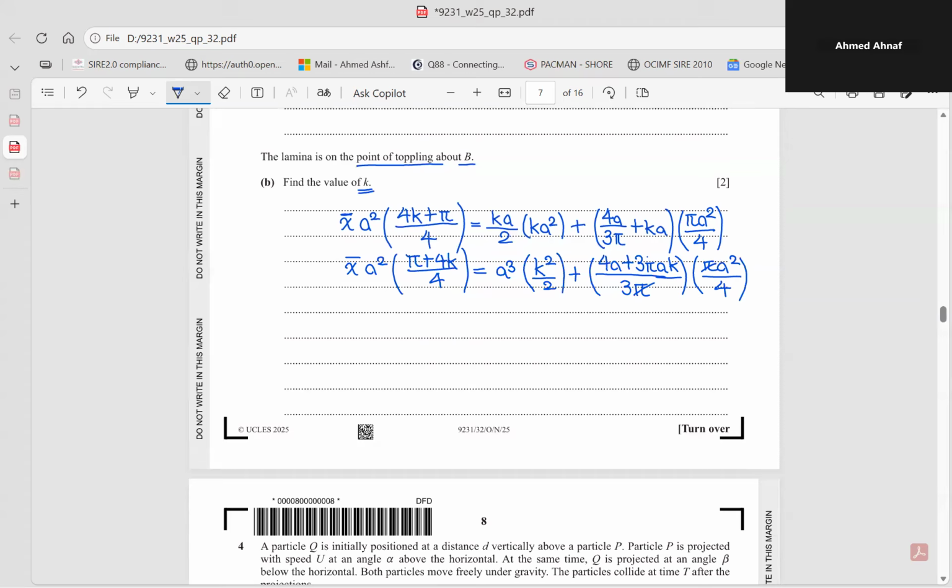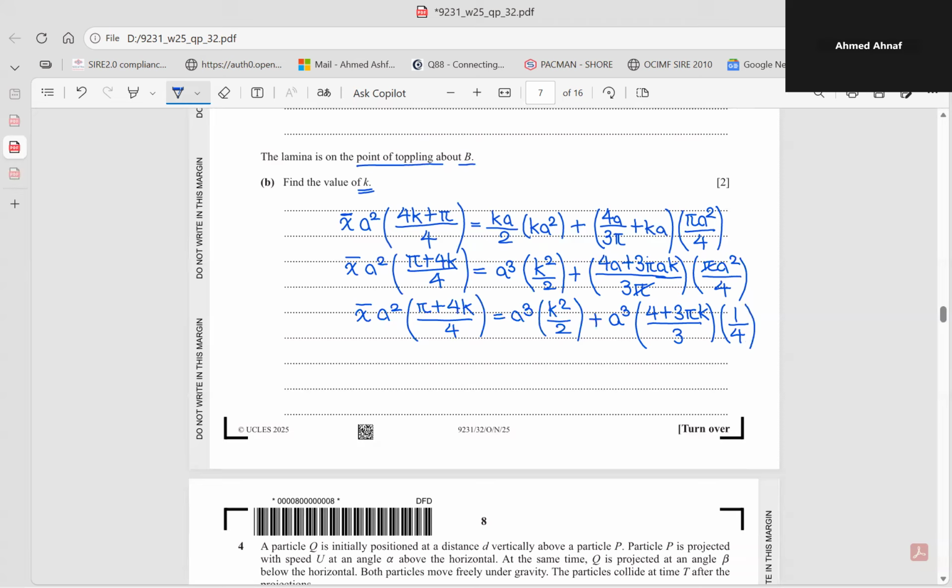Let's factor out all the a's out of this. So you get x bar a squared pi plus 4k over 4 equals to a cubed k squared over 2 plus, let's just factor out a cubed, so this is 4 plus 3k over 3 times 1 over 4.